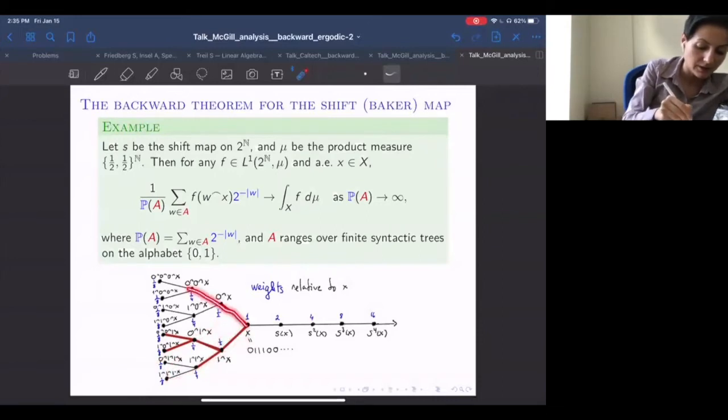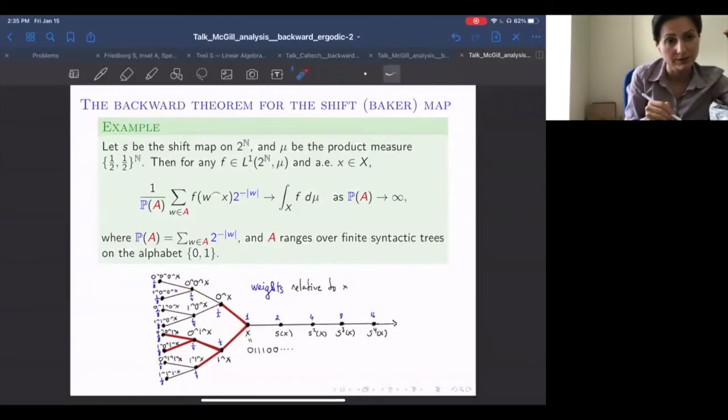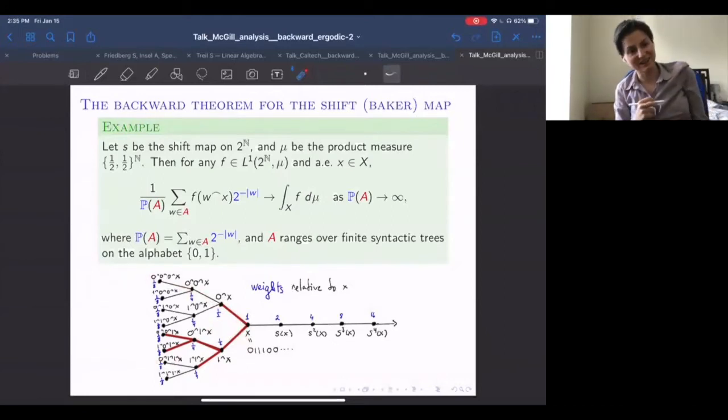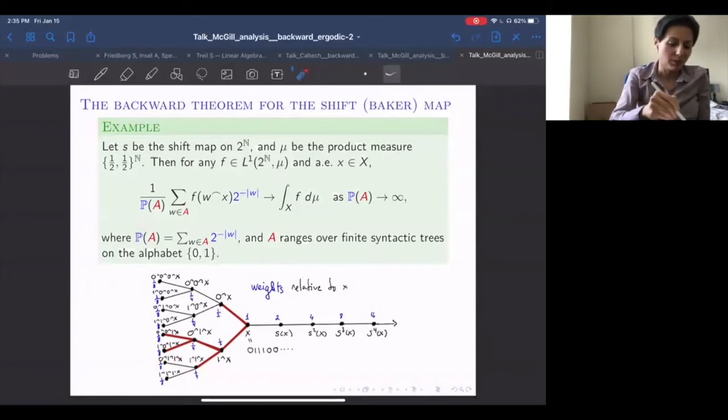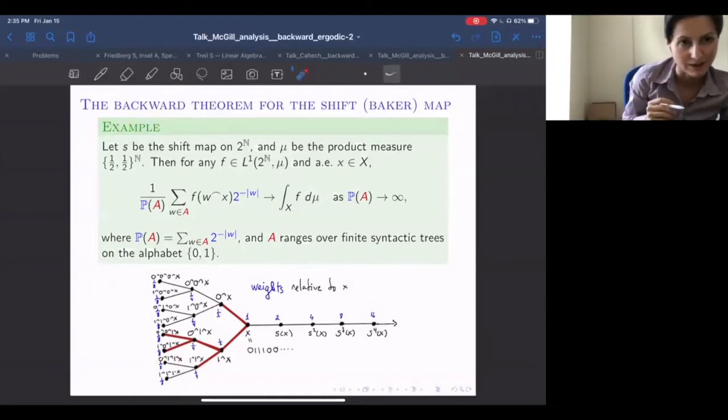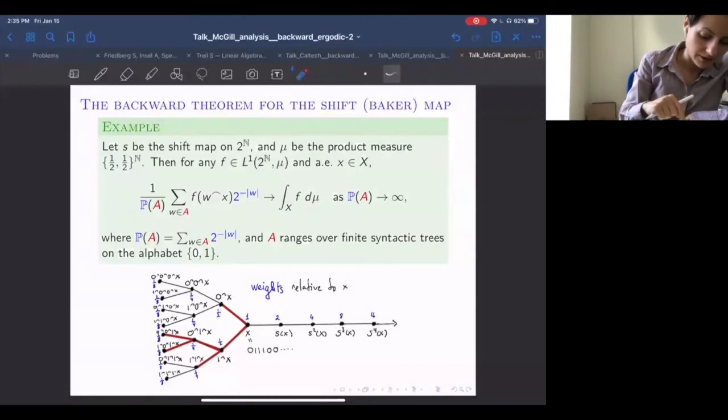If you consider the weights on one branch, this is a summable sequence, so it does not go to infinity. One branch won't give you the correct averages, but as long as your trees are bushy enough along the way, you will get the correct ergodic averages, and this is the measure of bushiness, I guess. So this is an example of our theorem.